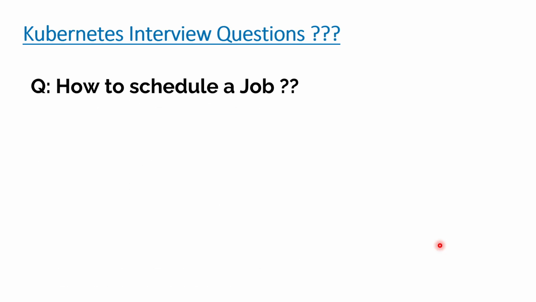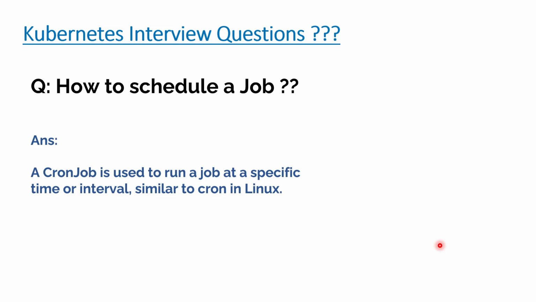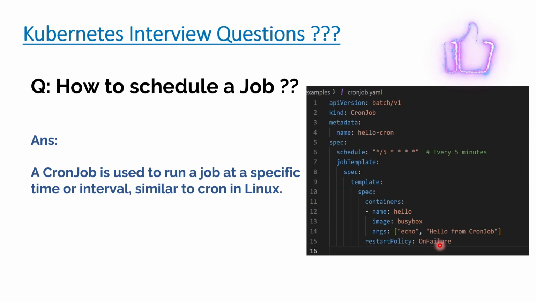Next question: how to schedule a job? You might be having a lot of things in your mind. How to schedule a job? You can definitely have a cron job, the way you schedule in Linux, because ultimately you want to schedule your job on the Linux worker node. So how can you do it from Kubernetes? There's a CronJob kind with which you can set up any particular job on a particular schedule.